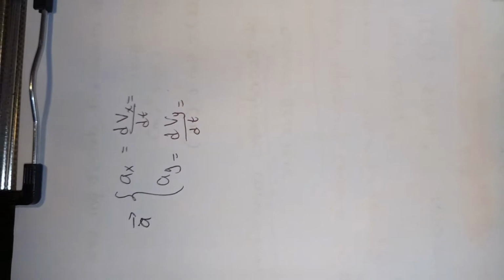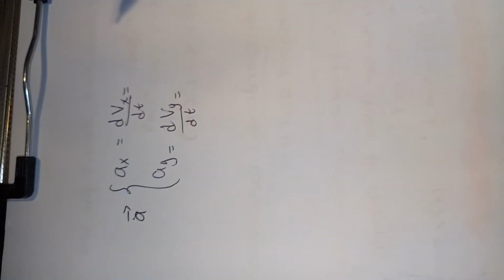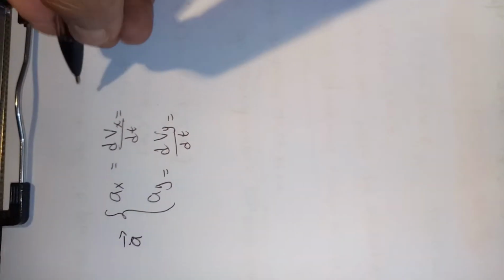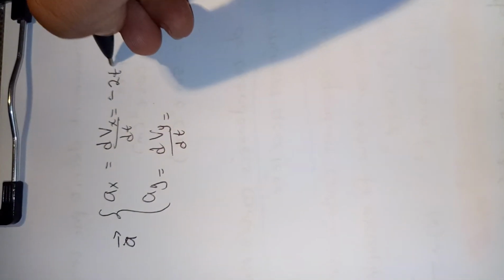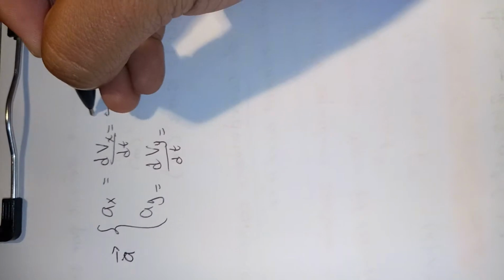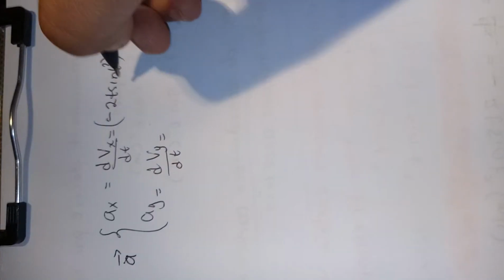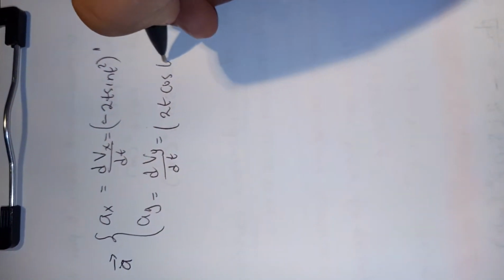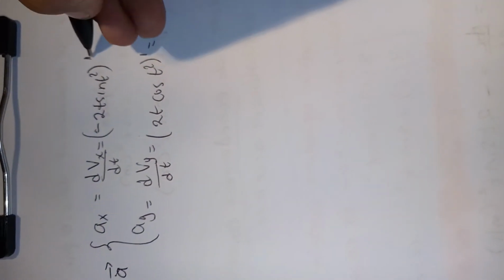So for the first one, we had vx was minus 2t sinus t square. So we are going to have to derive minus 2t sinus t square prime. And then for vy, we had 2t cosinus t square. So we are going to have to derive these two.